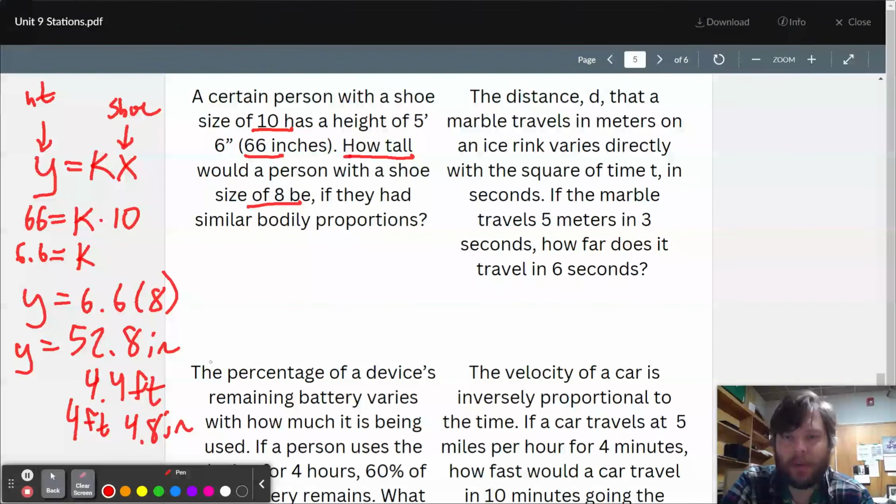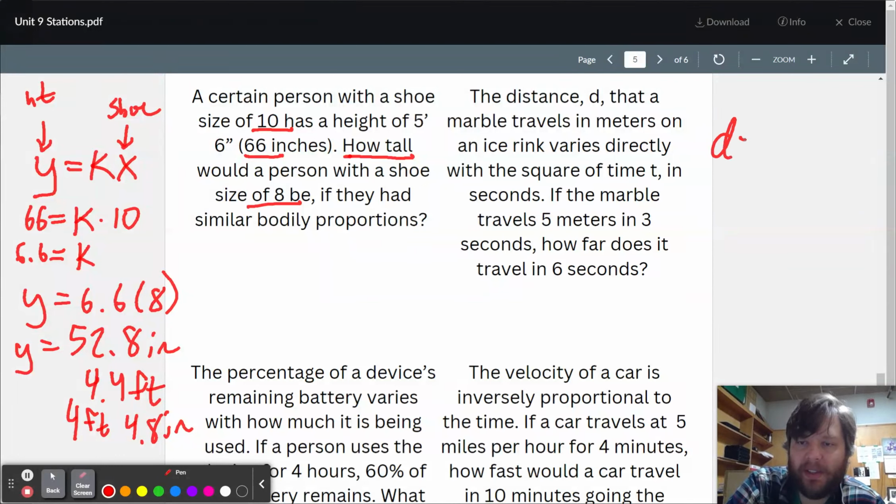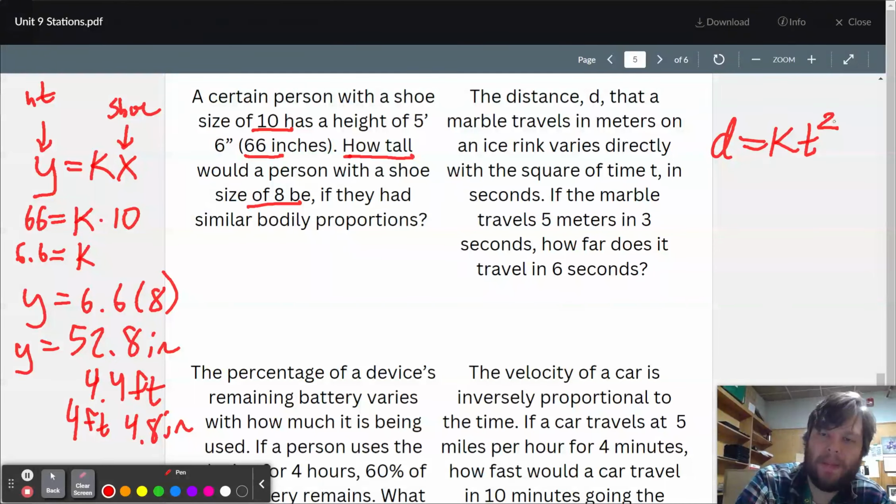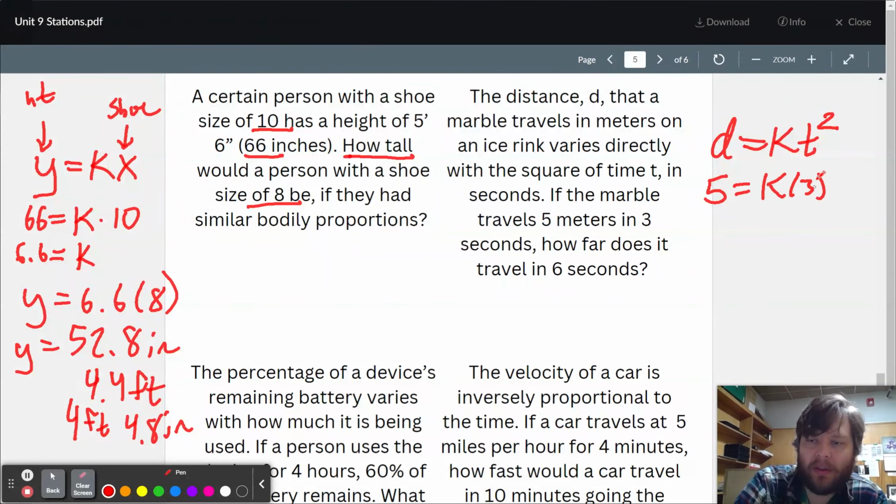The distance of a marble varies directly with the square of time in seconds. So d equals kt squared. Varies directly means multiply the square of time. Travels 5 meters in 3 seconds. That means 5 is k times 9, or 5/9 is k.